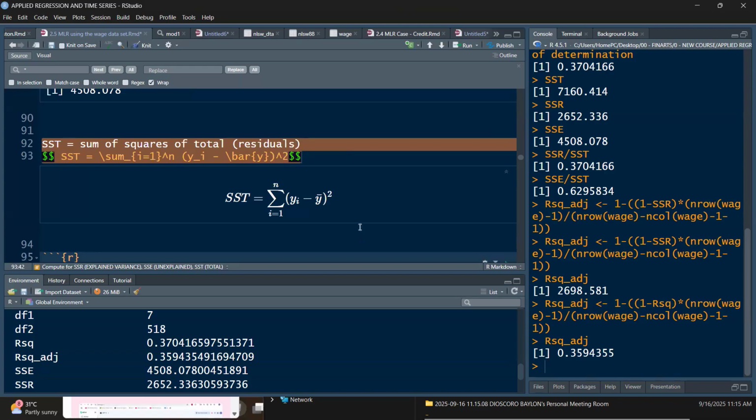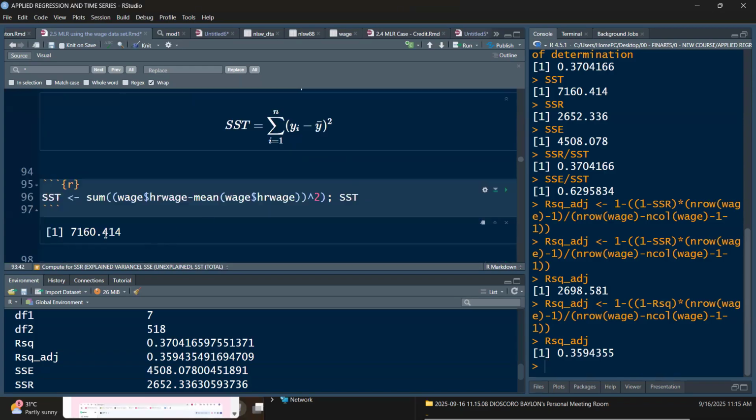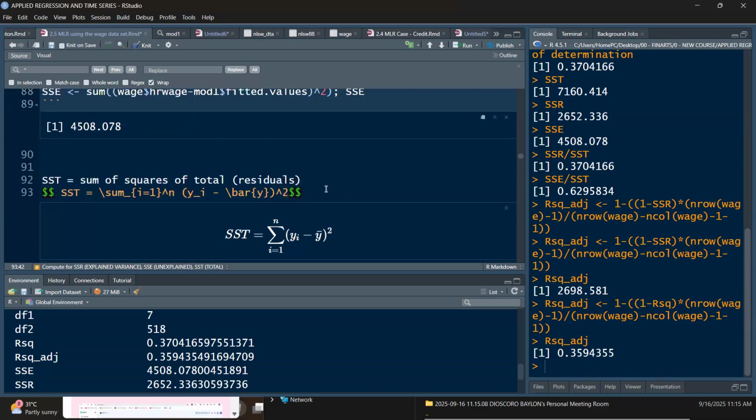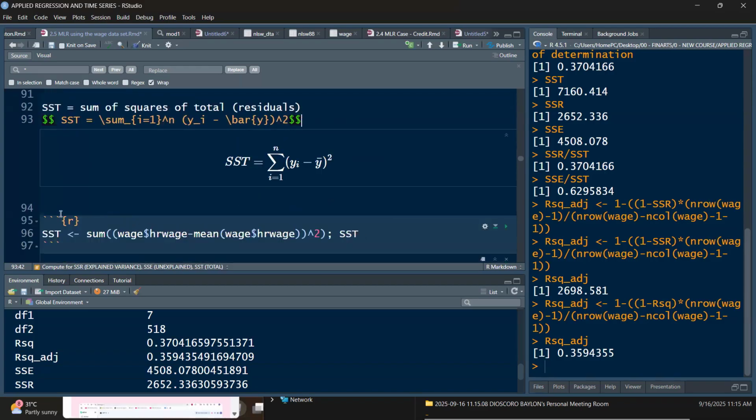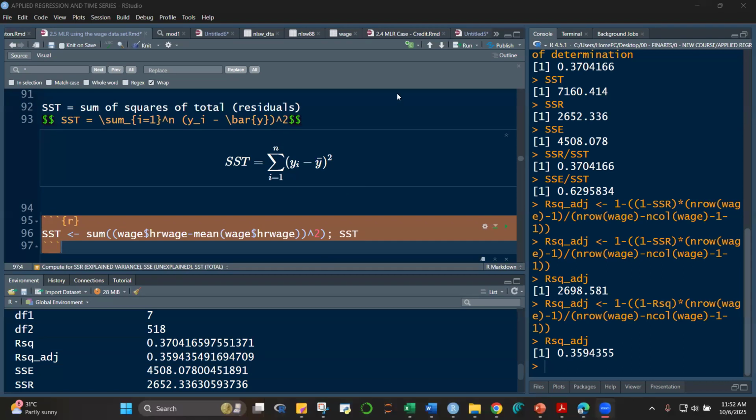I think I asked you if you got 7160.414. So let's start with SST, okay? And then let me also give the formula for this one in the chat box.